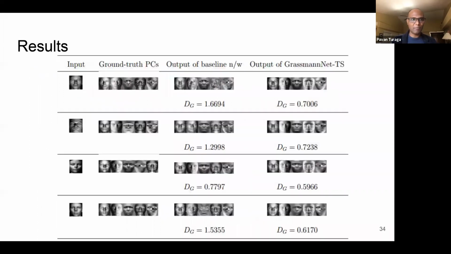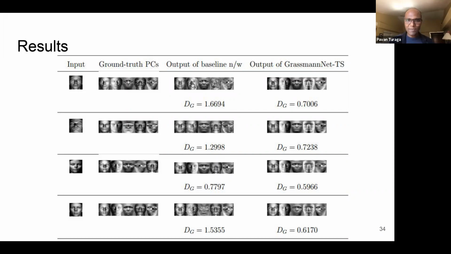Here is a simple example. Input picture in some illumination condition. These are the ground truth subspace basis vectors for that illumination invariant. The baseline network assumes no Grassmannian structure. It just assumes that you're trying to regress a single picture to 5 other pictures, where these 5 other basis vectors are interpreted as just random pictures.